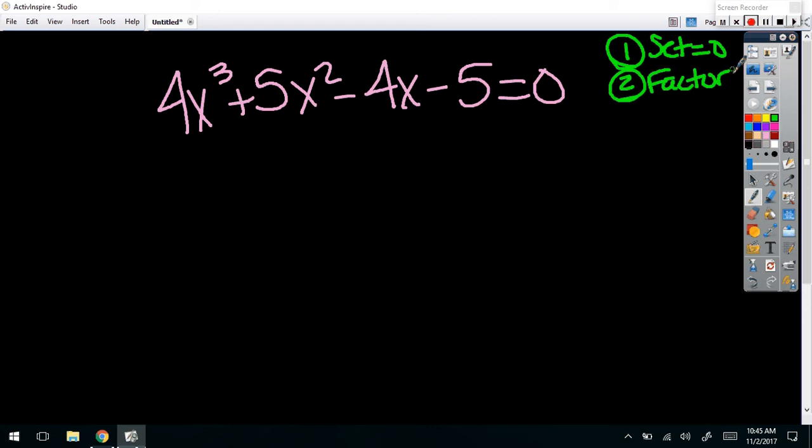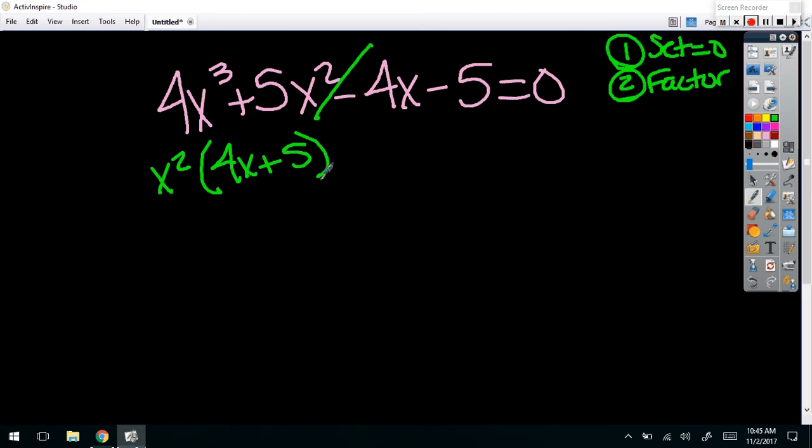This is a factoring by grouping problem. Because I see 4 terms here, I know I need to cut it in half and take it 2 terms at a time. What can you take out of the first 2? x squared. What's left? 4x plus 5.